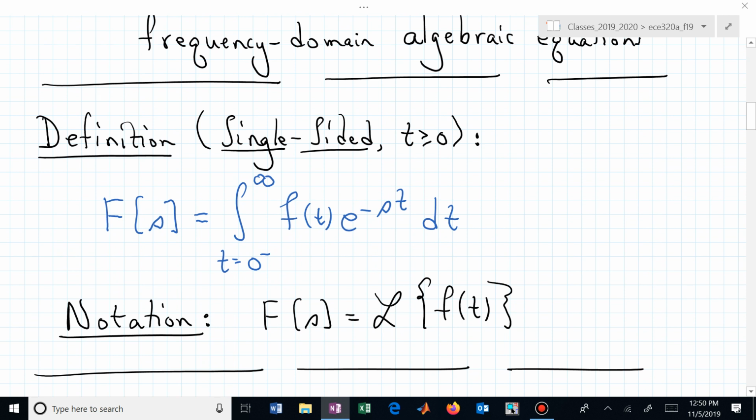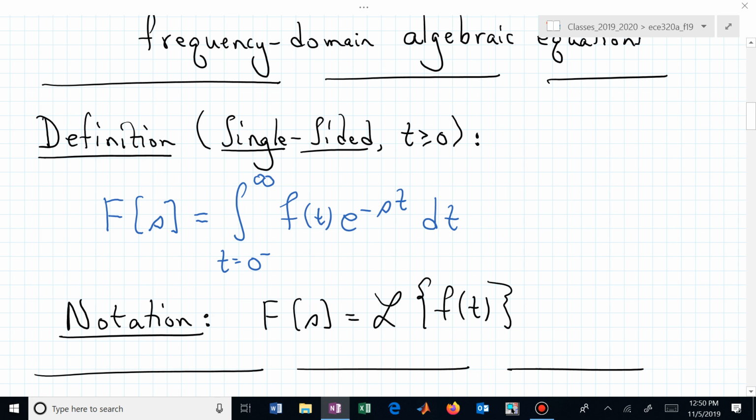Here's the definition of our Laplace transform. And it's single-sided or one-sided. That just means we're starting at 0 and going over the positive time axis. We're going from 0 minus, that covers the origin, all the way up to infinity.